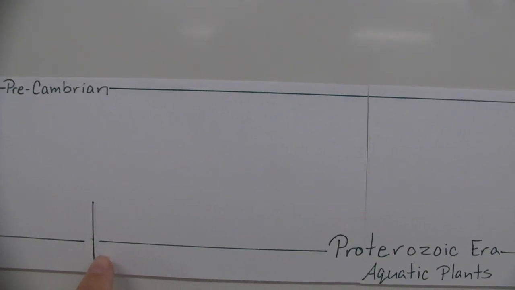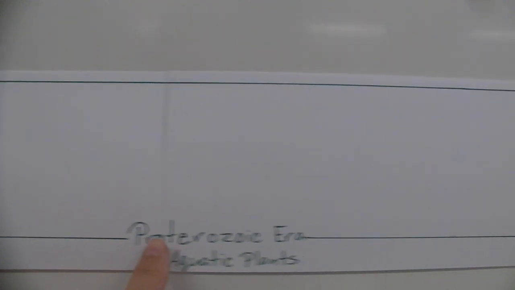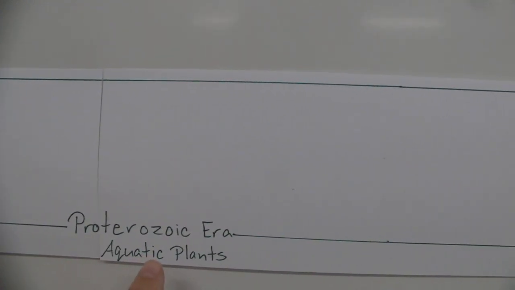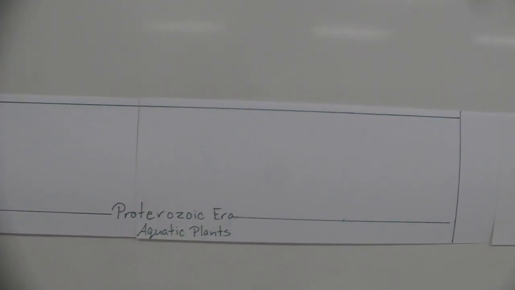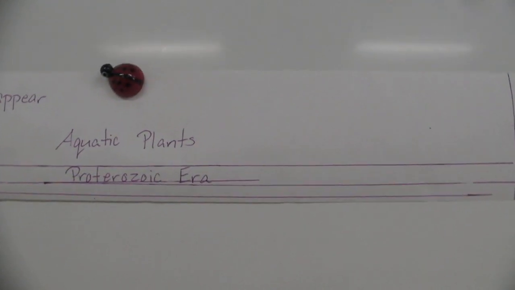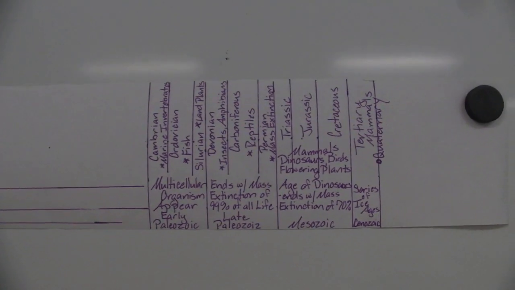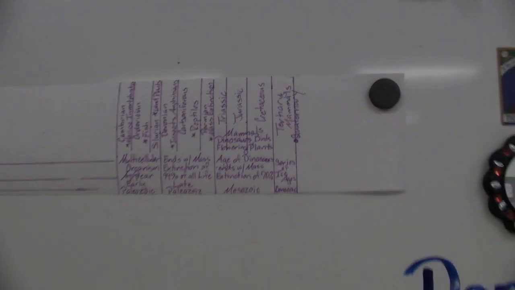And then this is where the Proterozoic started, and way down here is where the Proterozoic ended. And that's where you got aquatic plants. And so then you just keep filling it in with all the information. It gets really crowded down here at the end, all right?